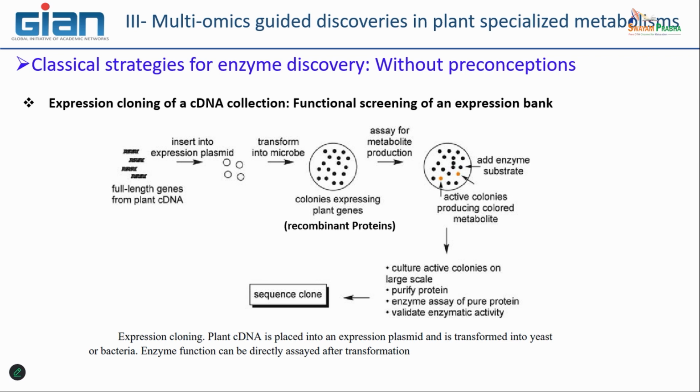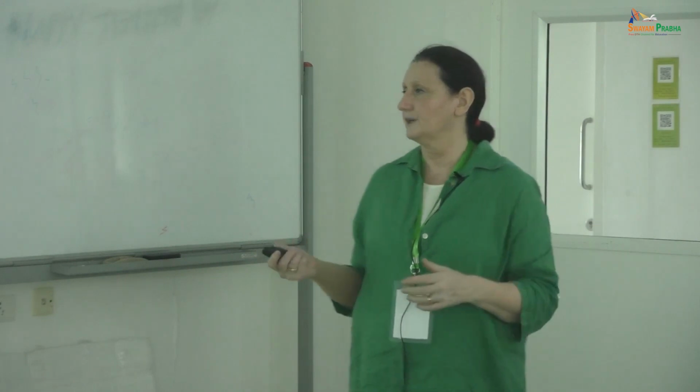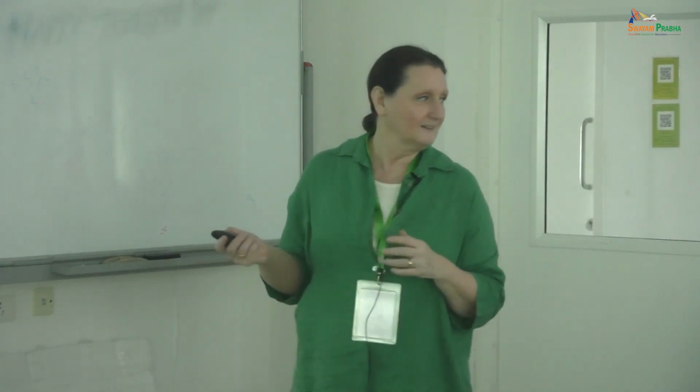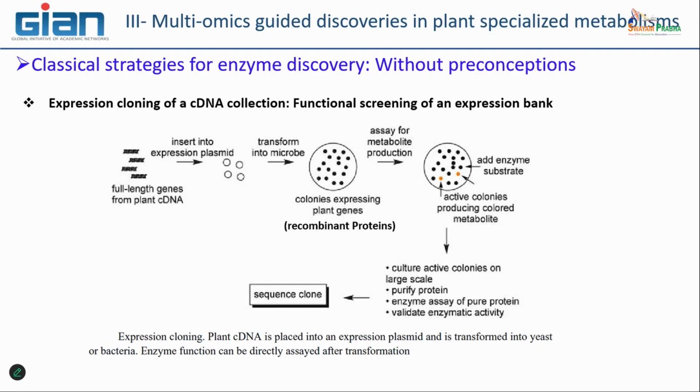So this is a very nice process to obtain directly the protein and the gene, but it can be limited by the screening you have to develop for this specific expression bank. If it is, for example, not a colored metabolite, you need to find other types of screening systems.